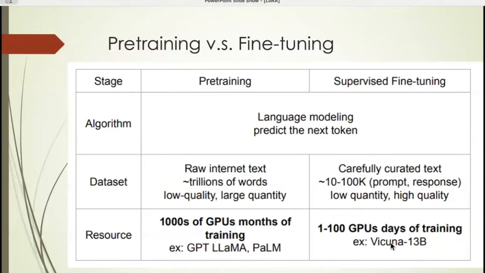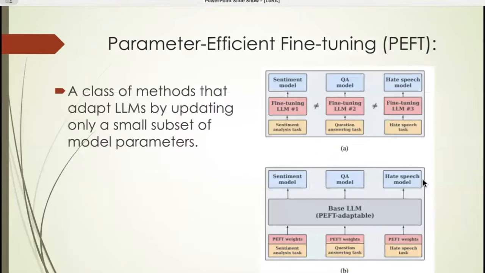And for supervised fine-tuning, it's usually a lot fewer days of training, because the data set is a lot smaller, so the training time is also a lot shorter to get the fine-tuned model. In today's talk, that's the background for pre-training and fine-tuning. Today's meetup, we mainly focus on the fine-tuning session.